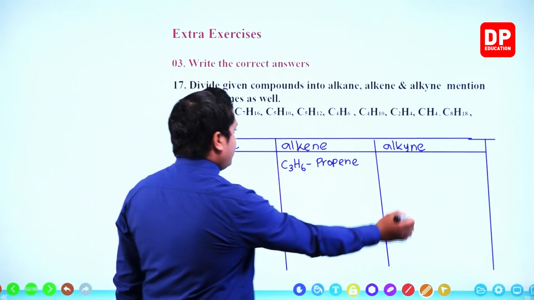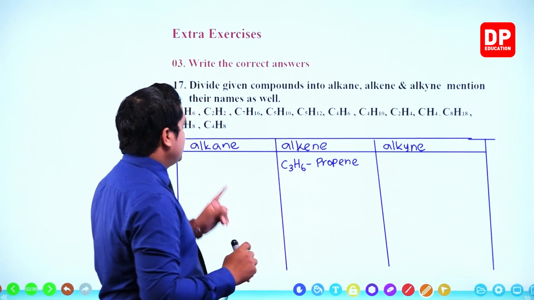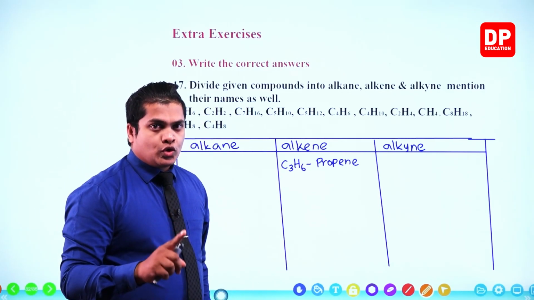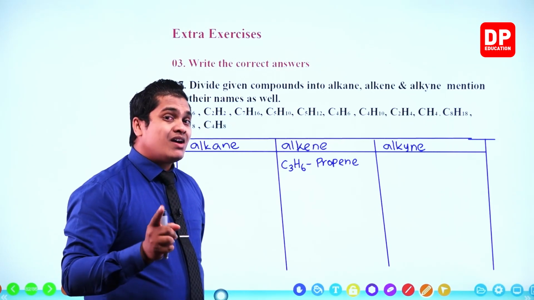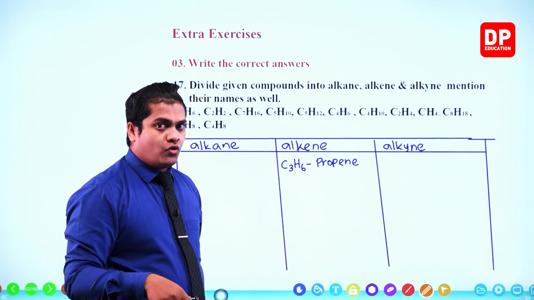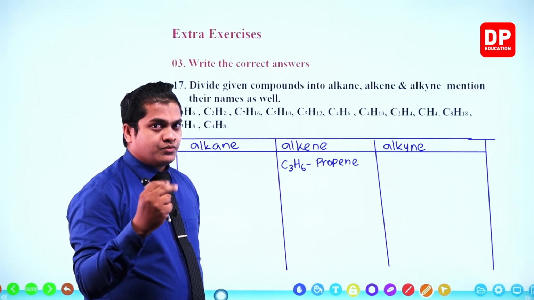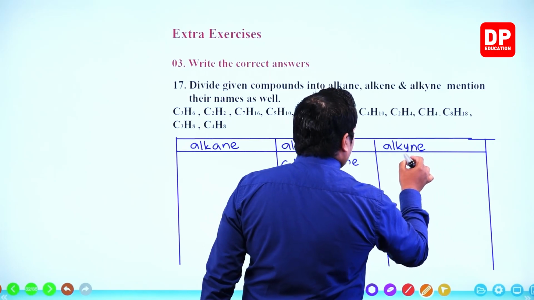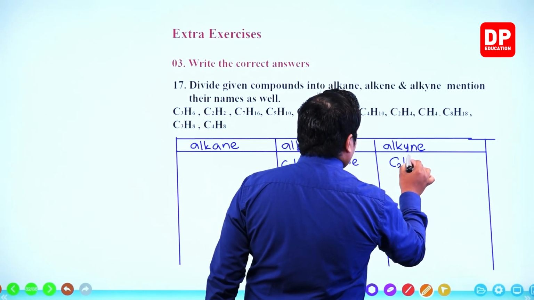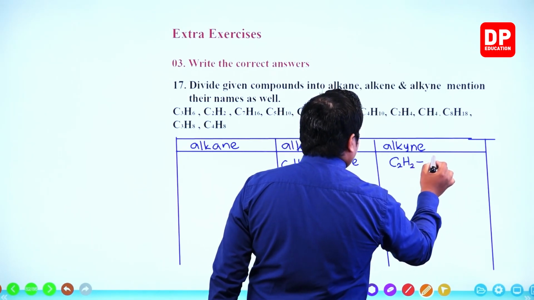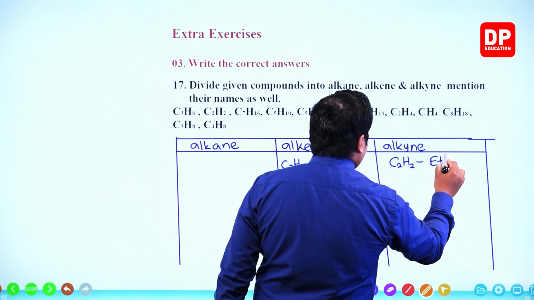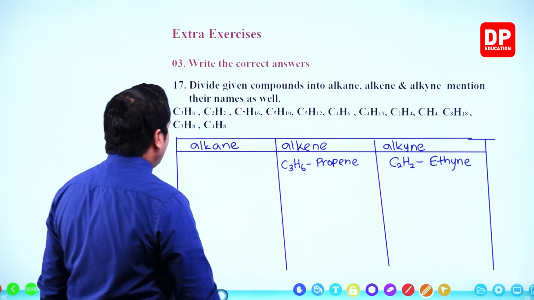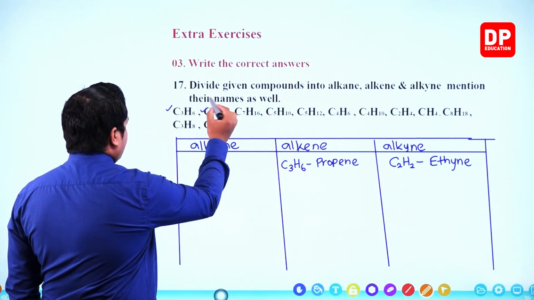It is an alkyne, my dear children, because C2H2 means 2 into 2 minus 2. 2 into 2, 4. 4 minus 2 is 2, right? So it is an alkyne. C2H2. This is ethine. Okay. So this one correct, this one correct.